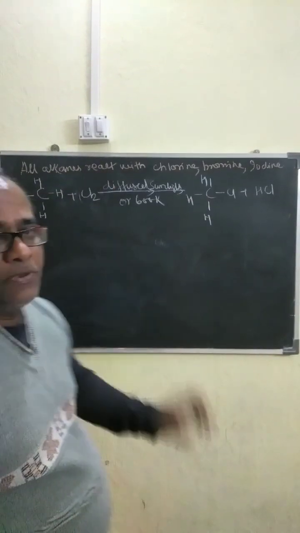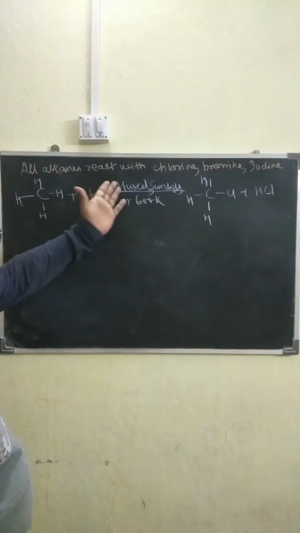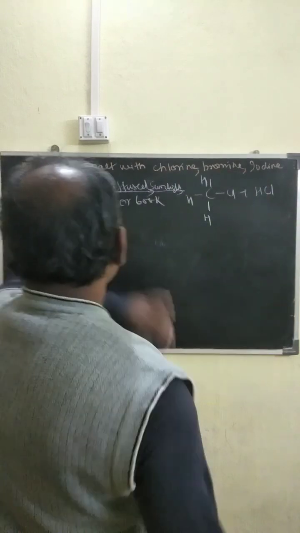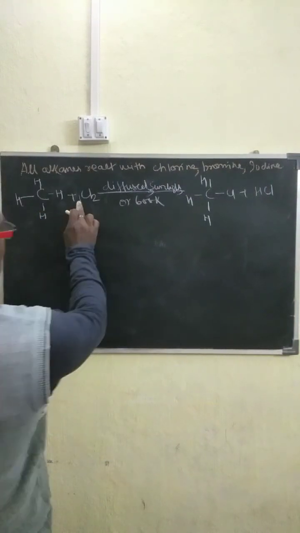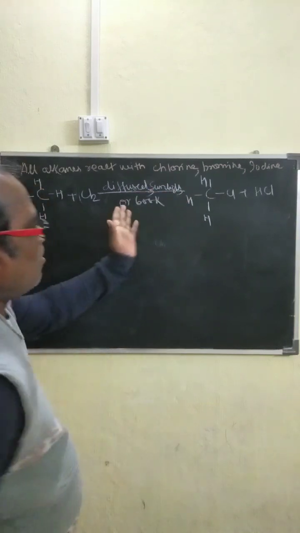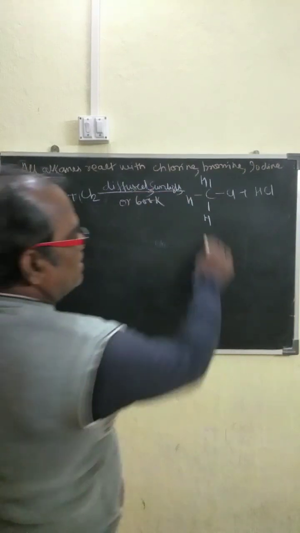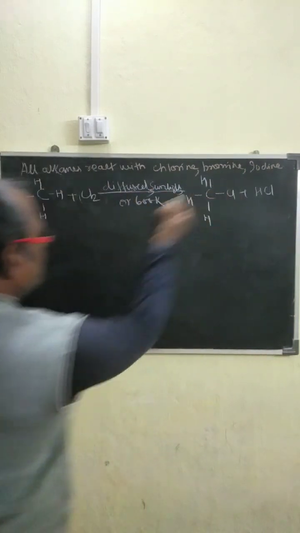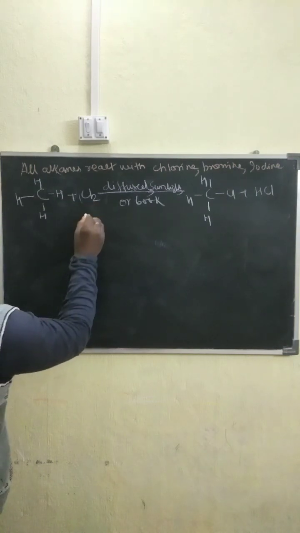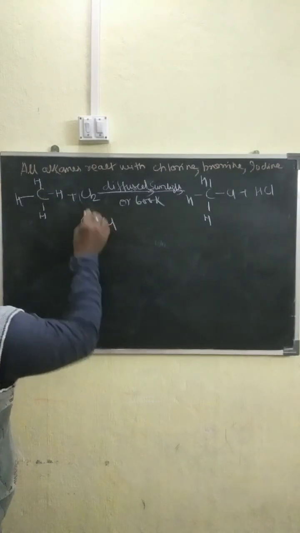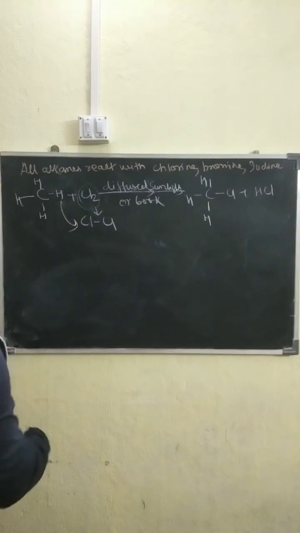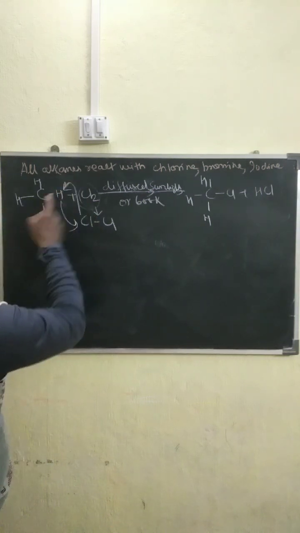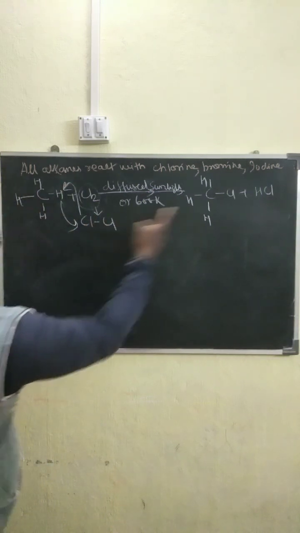Alkanes undergo substitution reaction. So all alkanes react with chlorine, bromine, iodine. First, for instance, let us take an example of methane reacting with chlorine under diffused sunlight or 600 Kelvin, then we get methyl chloride. Here chlorine we can write in this way, then hydrogen is substituted with chlorine, so we get CH3Cl and HCl.